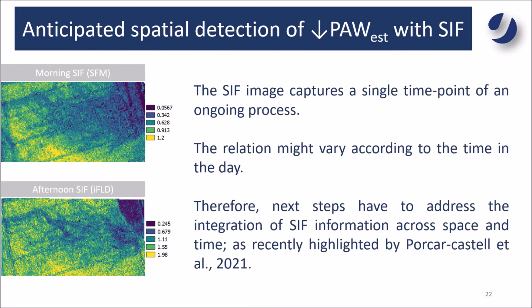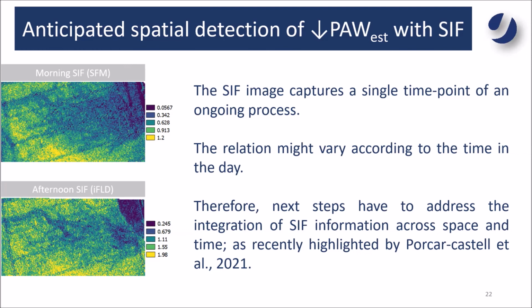And as I said, this is ongoing research. We haven't finished yet. We are at the point where we are trying to understand why, in this specific field, the SIF was behaving in that way, different from the vegetation indices, because this is not always the case.